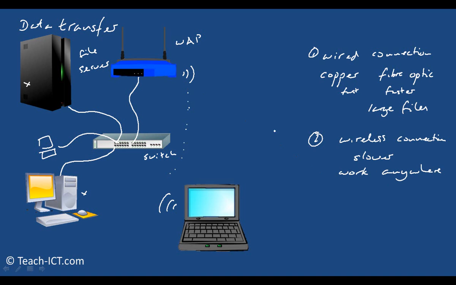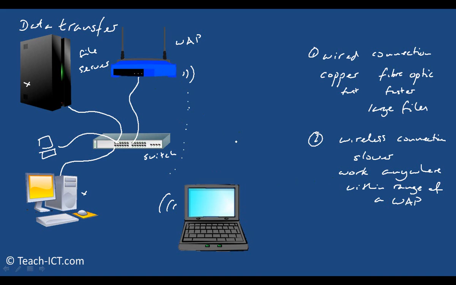You have to be within range of a wireless access point. Okay? The problem that you can get is that if you've got lots and lots of laptops talking to a wireless access point, that can actually slow down the speed at which your file is downloaded as well.